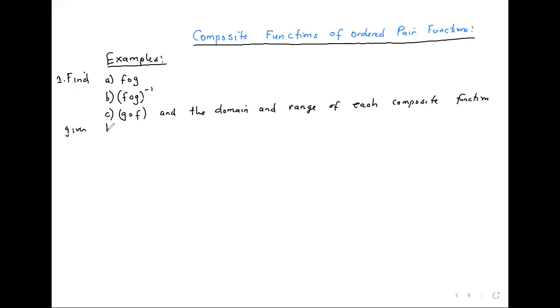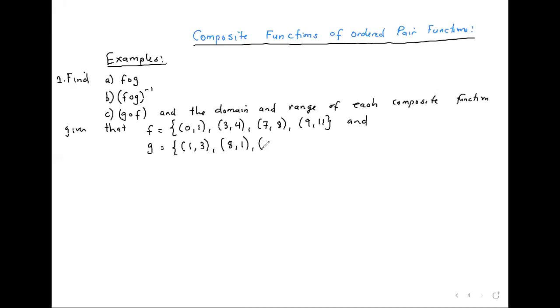We're given that f is (0, 1), (3, 4), (7, 8), and (9, 11), and g is (1, 3), (8, 1), (11, 7), and (4, 9).